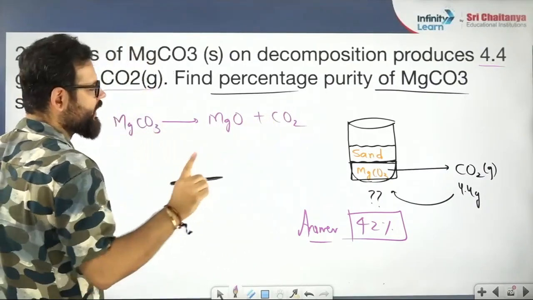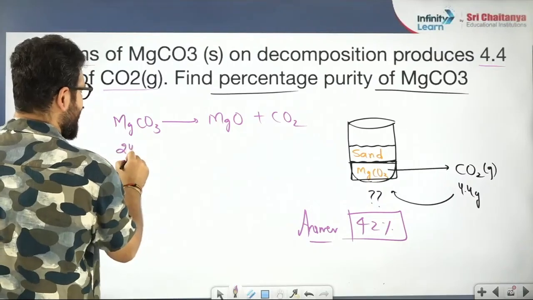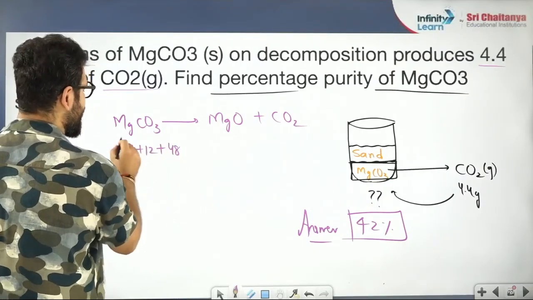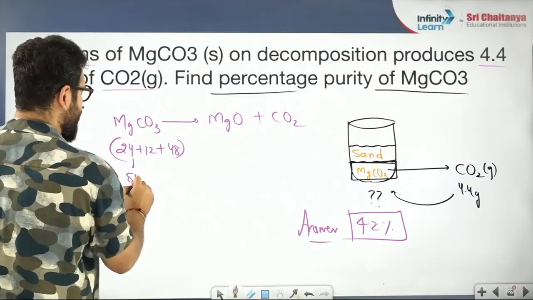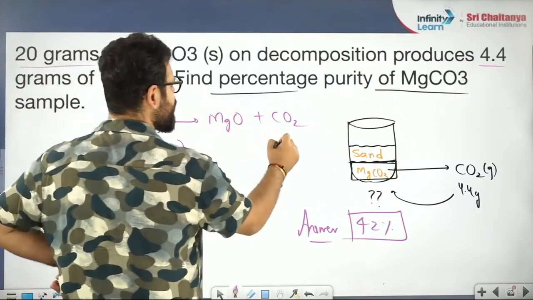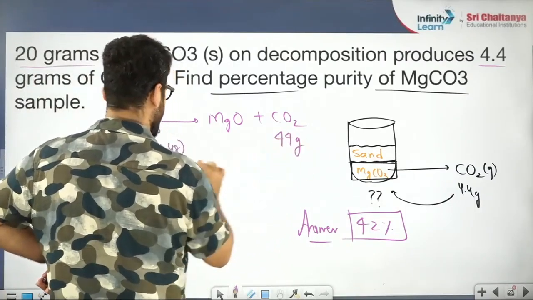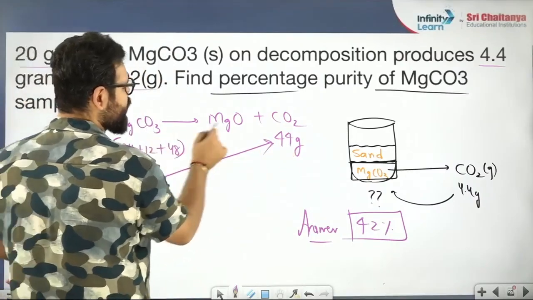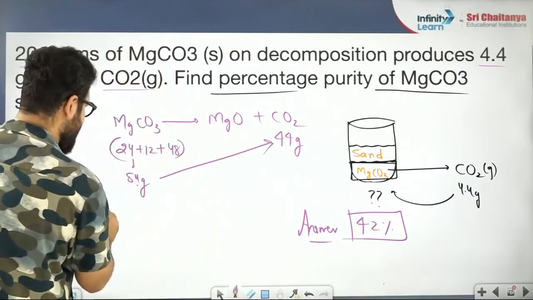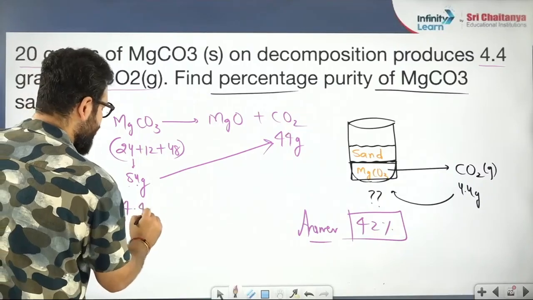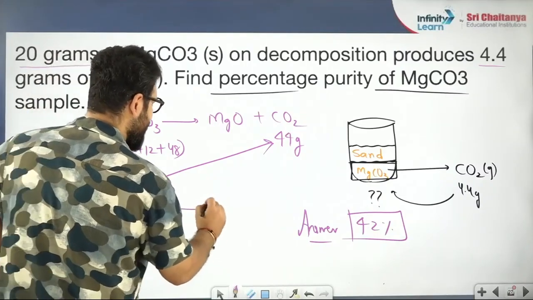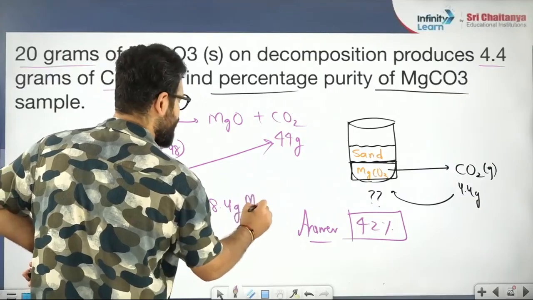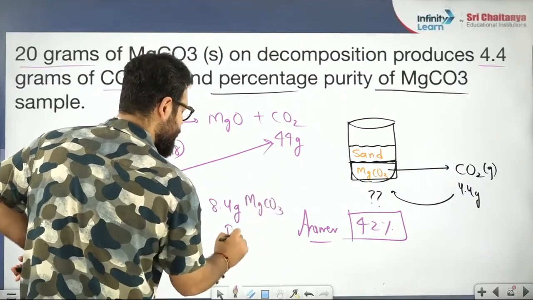Magnesium molar mass is 24 gram. 24 gram plus 12 gram plus 48 gram, which is 84 gram. 84 gram MgCO3 produces 44 gram CO2. So we'll say 4.4 gram CO2 will be produced by 8.4 gram of MgCO3. This is pure MgCO3.